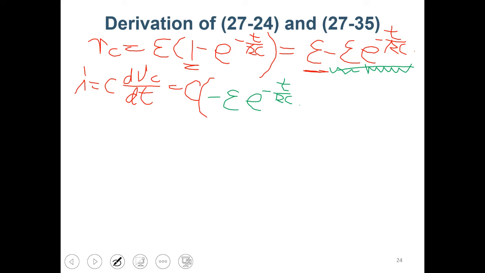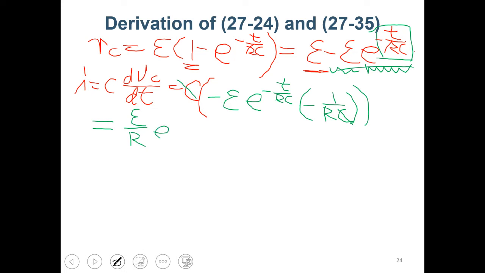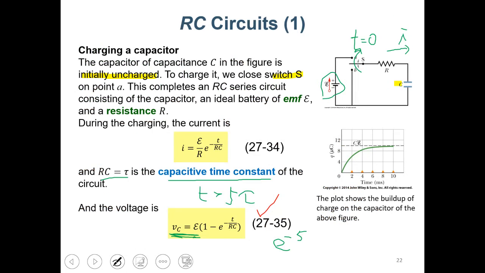We need to take the derivative of the exponent, which will be minus 1 over RC. So that C and C cancel. And we have two negative signs, so we have plus E over R, e to the minus t over RC power. So in this case, we can derive this one.